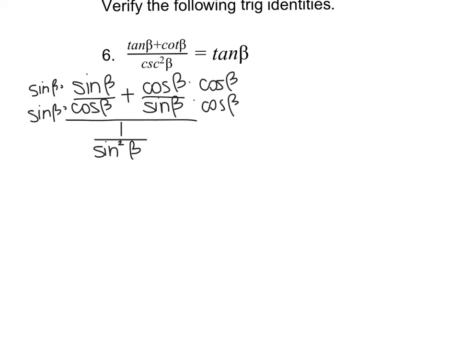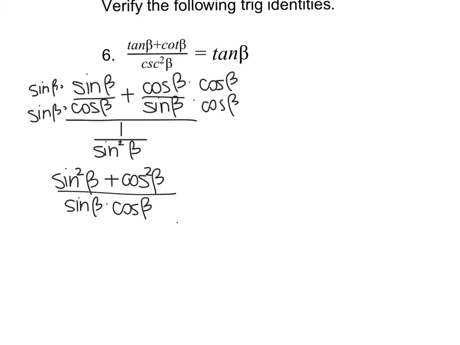So we end up with sine squared of beta plus cosine squared of beta all over sine of beta times cosine of beta all over 1 over sine squared of beta. So I'm going to kind of combine steps here. I know sine squared plus cosine squared is 1. So we're going to get 1 over sine of beta times cosine of beta.